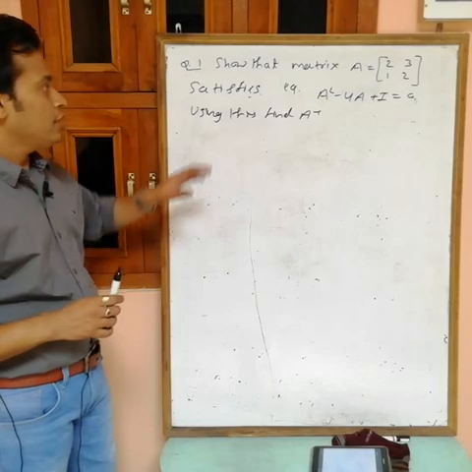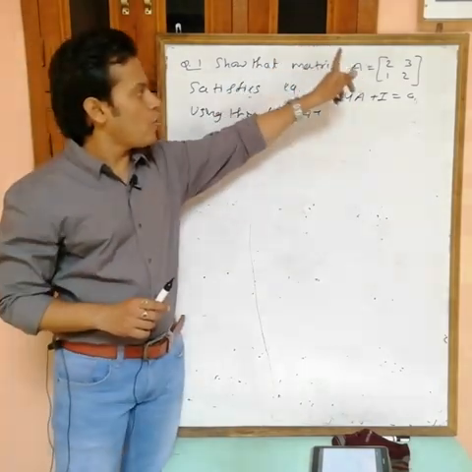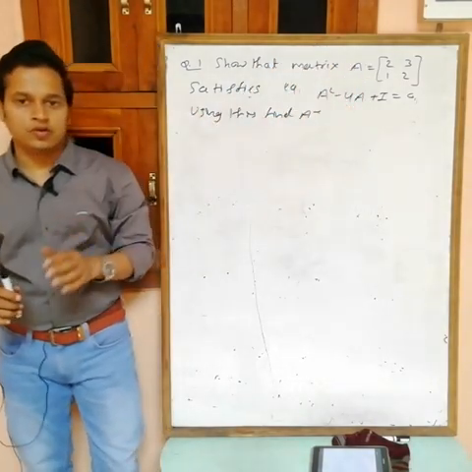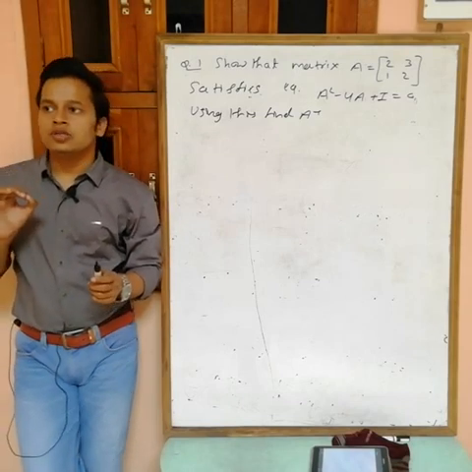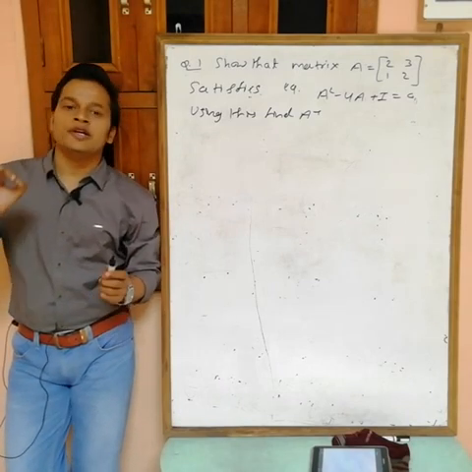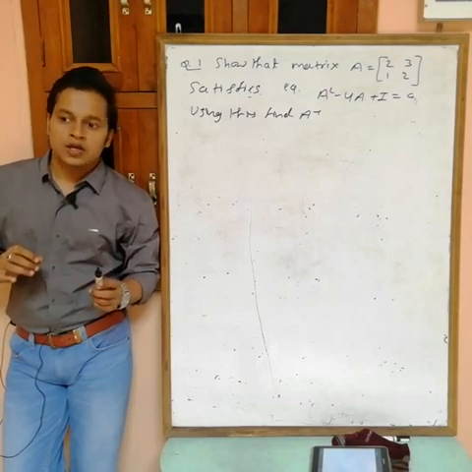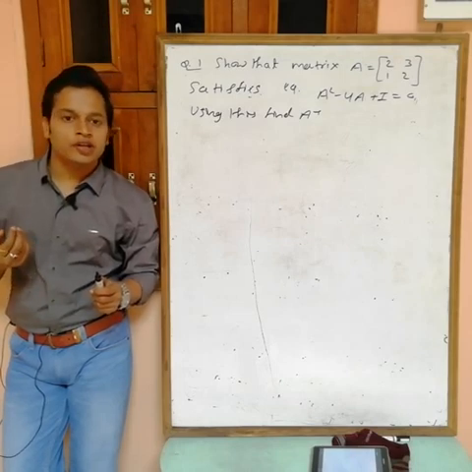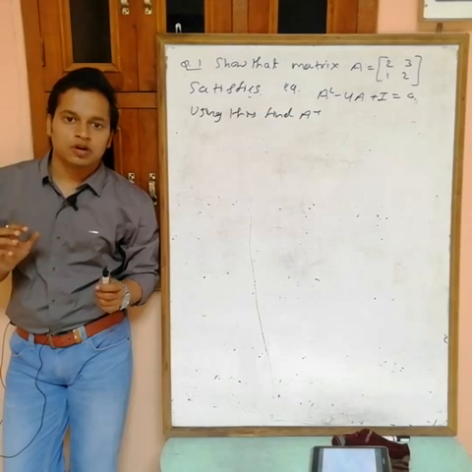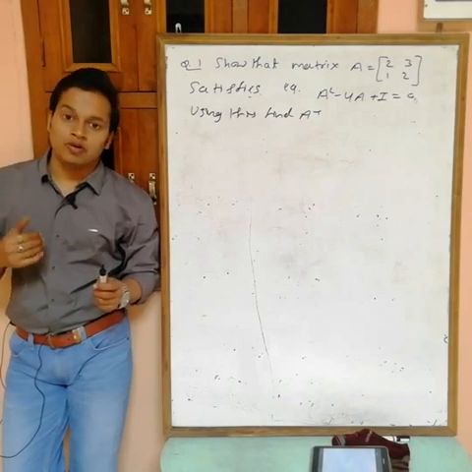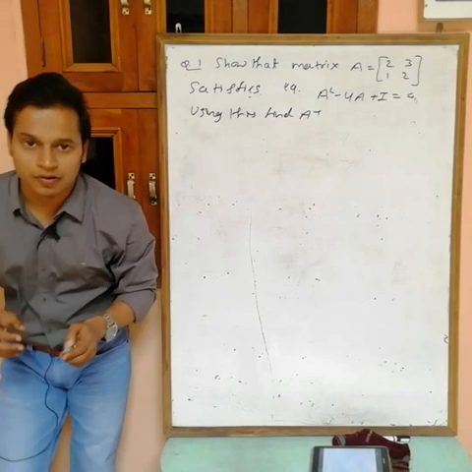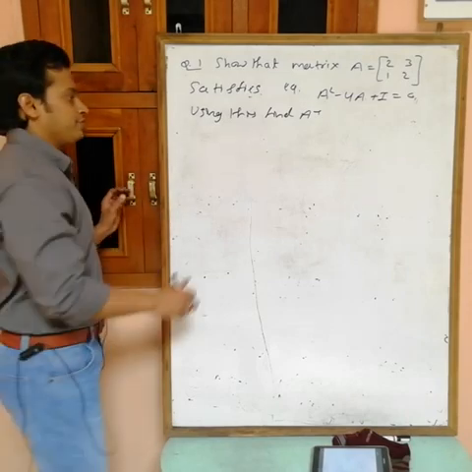Now see, I want to prove that this square matrix satisfies this equation. We know that every square matrix always satisfies its characteristic equation. So first I can find the characteristic equation of the matrix A, because A always satisfies its characteristic equation.